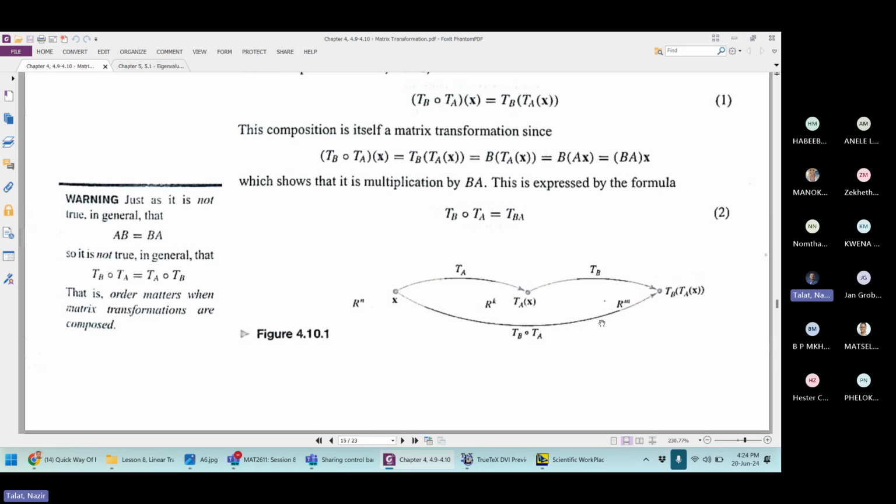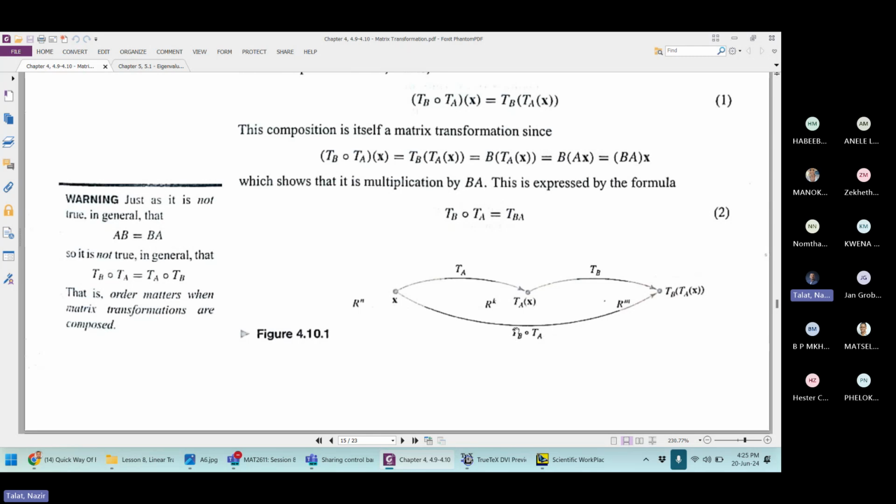Then if we put their composition like this, TB∘TA is a composition. It takes an element directly from Rn to Rm, and we write this as TB∘TA. First apply TA and then TB.